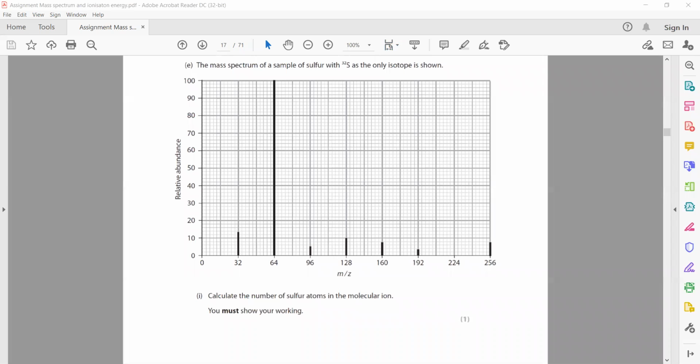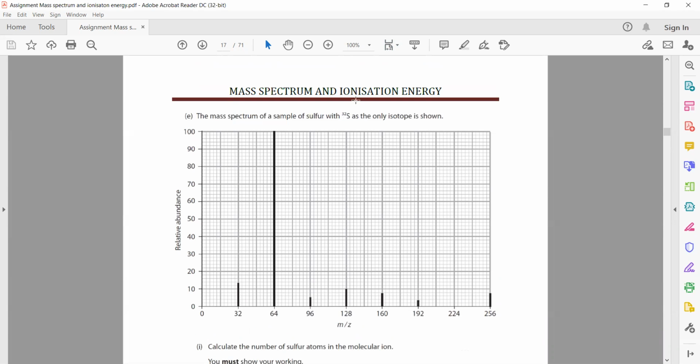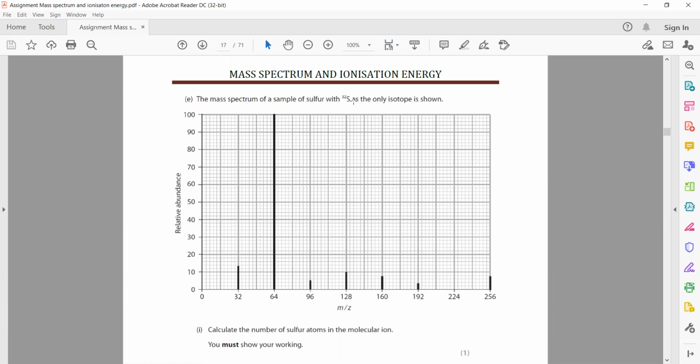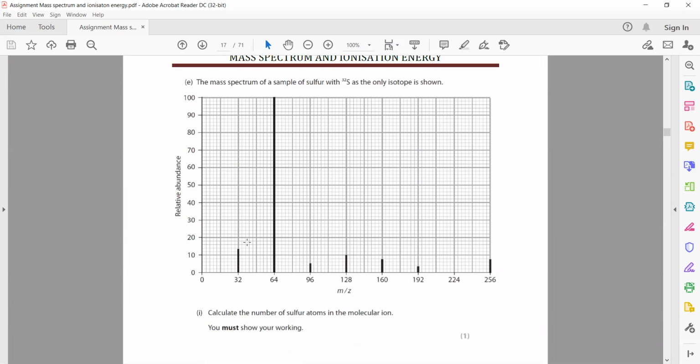So the maximum peak that we are getting here, the mass spectrum of a sample of sulfur with only one isotope. So all are sulfur 32, and we are getting 100%. This one is 100%, which is 64. So basically it is S2 with a charge of plus 1, because sulfur is 32, 32 multiplied by 2 would be 64.